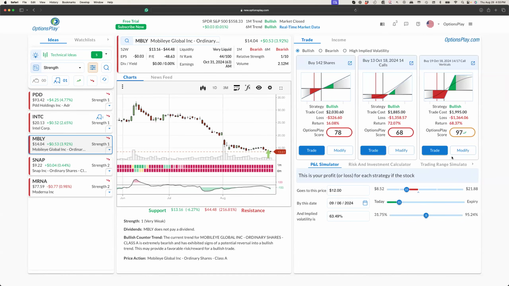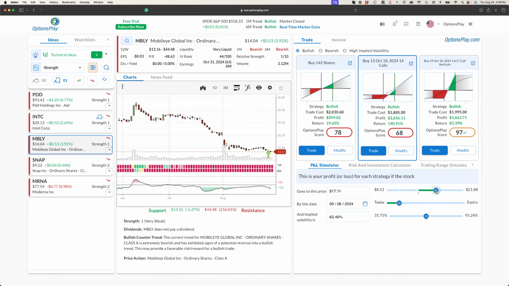What you're trying to do here is understand how much you could potentially lose on a trade if this doesn't work out the way you expected, and how much risk you are going to take on the specific trade versus how much you can potentially make if the stock does reach your upside target here, right? So here, if you bought the call option, you're looking at a 324% return on your trade.